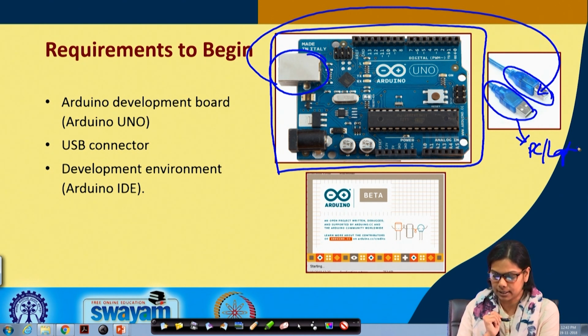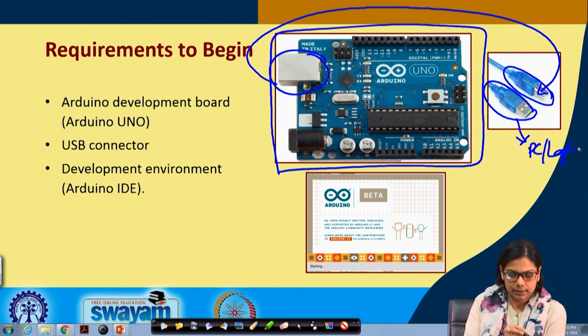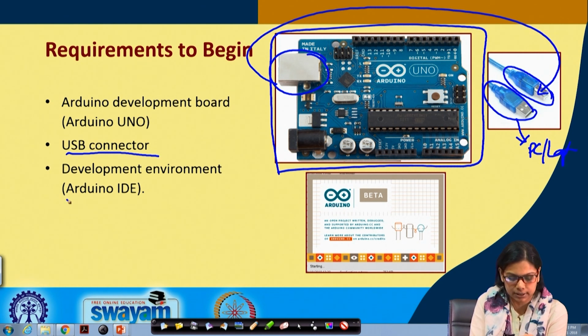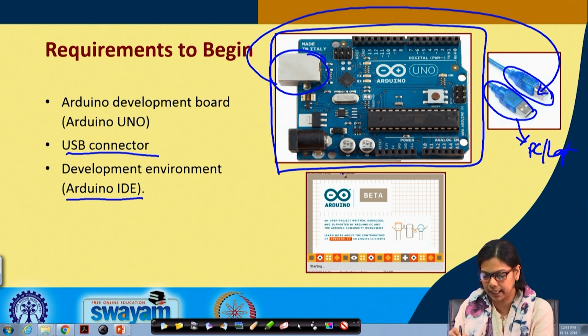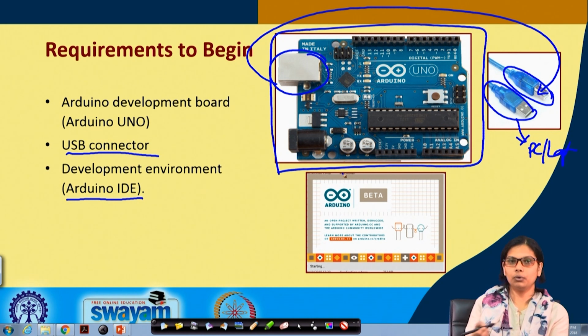This is how it is connected. This is the USB connector which is required, and then the development environment. The development environment that is used is the Arduino IDE, which looks like this, and which can be downloaded from the website I have already discussed.